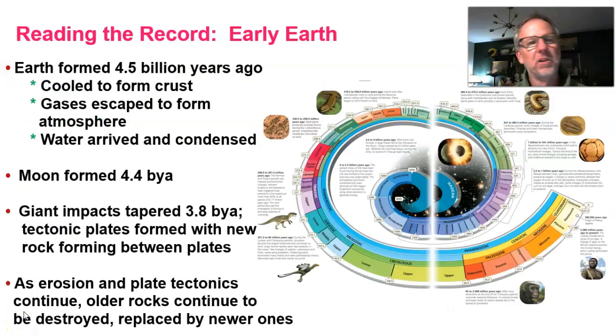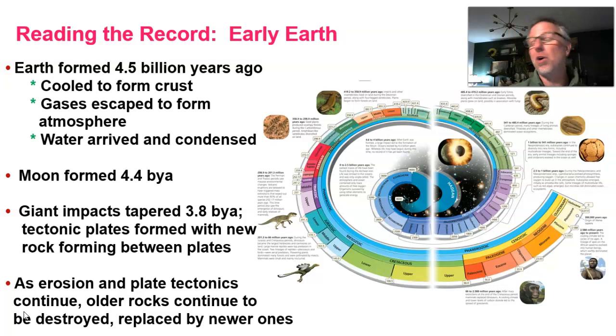Traces of vanished biology. So we're going to take a quick look at Earth's history here. Reading the record, beginning with early Earth. Using the techniques we've talked about in this chapter, with radiometric dating of meteorites and the oldest rocks on Earth, the Earth formed 4.5 billion years ago.